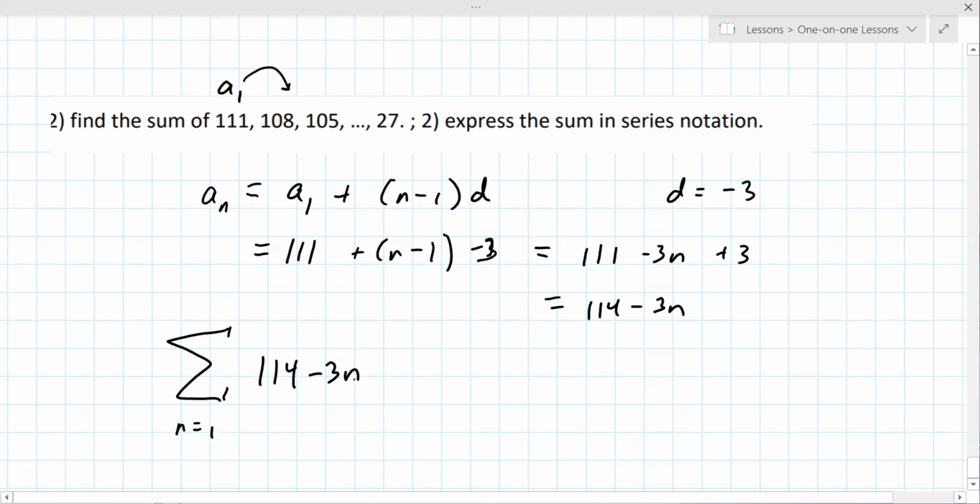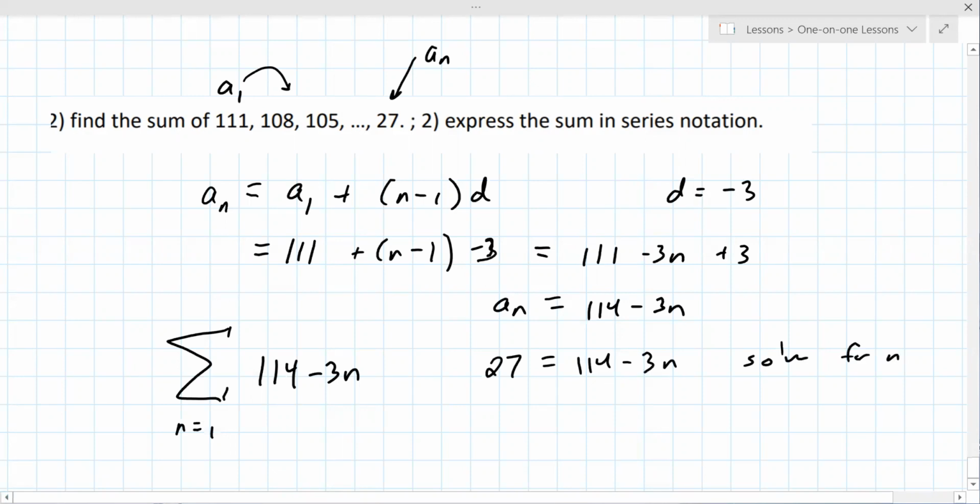Now, one thing you might notice here is that you don't know this top number, but they tell you a n, the last number in the sequence. They're not giving you n, but they're telling you what a n is. So 27 is a n, and you have to solve for n, and that'll tell you what number goes up here.